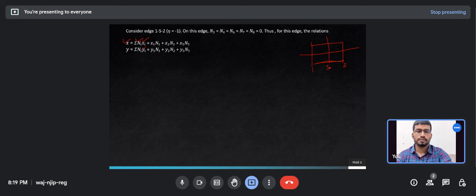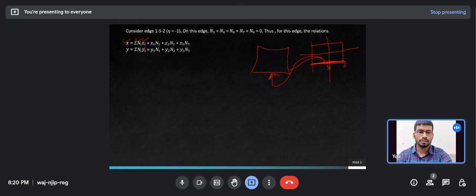This is the element in your natural coordinate system, and here I am taking one edge. And from this one edge, I want to show how this straight edge in the natural coordinate system can represent the curved edge in the physical space, right?